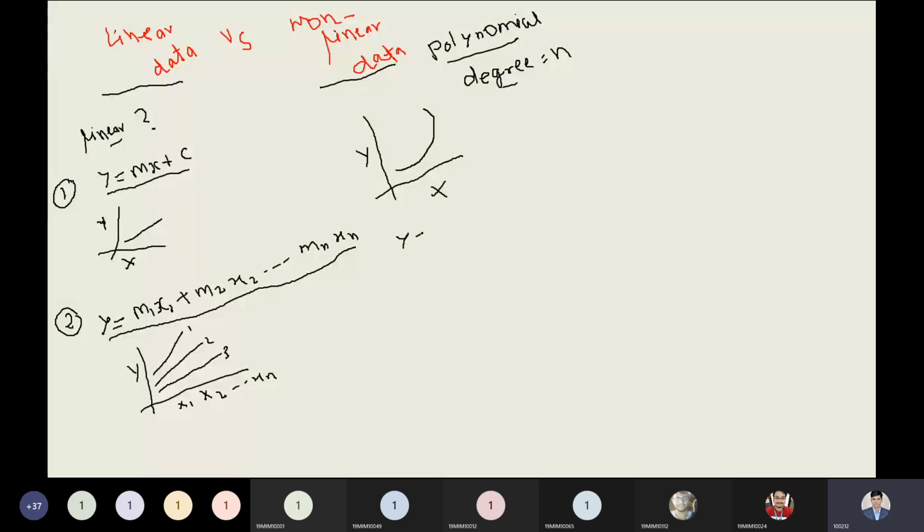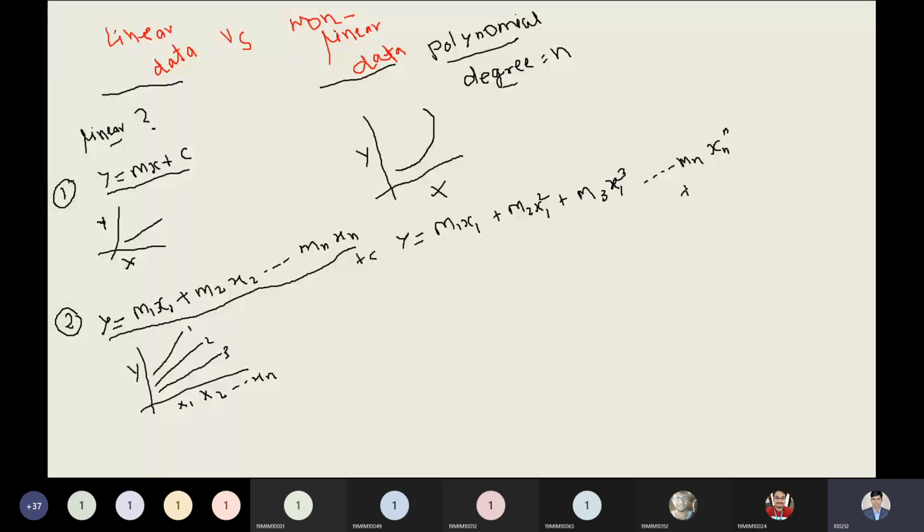We have the equation of the polynomial by which we can understand: y equal to m1 x1, suppose that. Okay. I'm writing another term, m2 x1 square, plus m3 x1 cube, and so on, up to mn x1 to the power n, plus c.